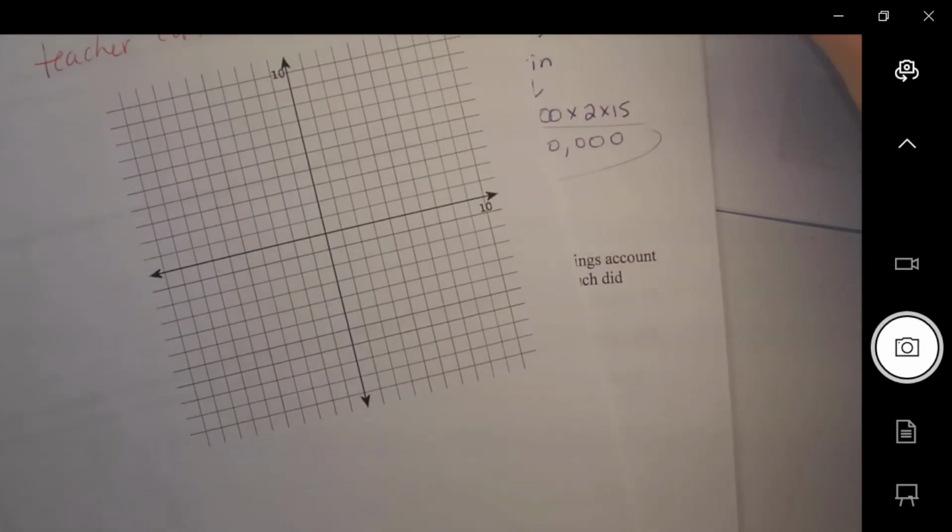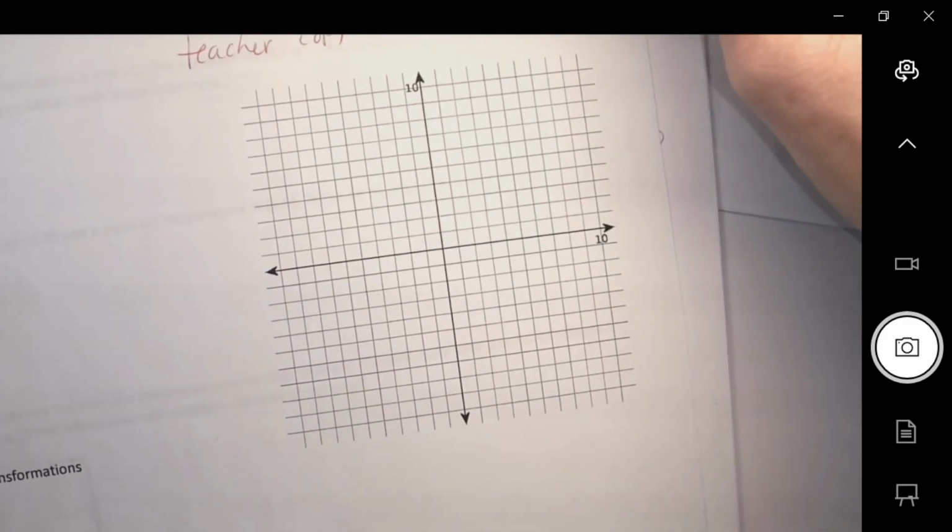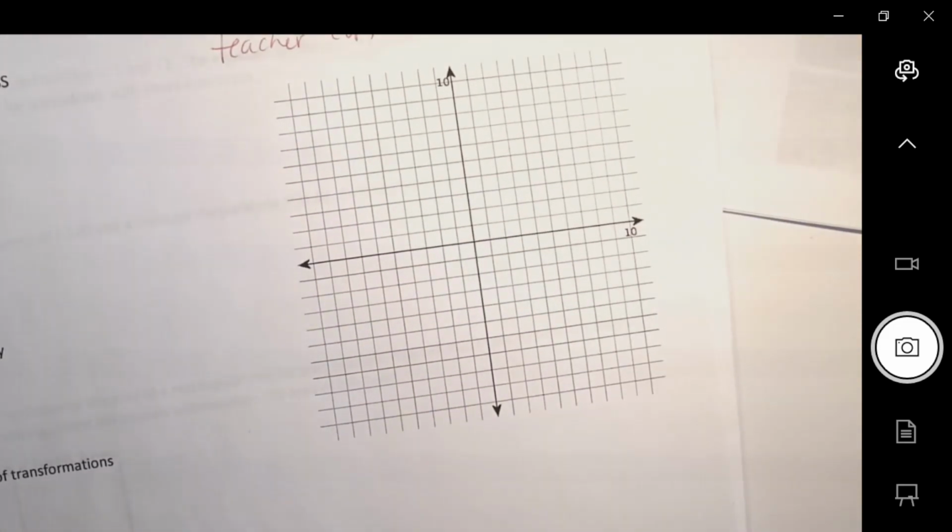Okay, so we're going to start today with the quadratics, reviewing all that stuff. On your exam, you will get the formula sheet that I gave you on the very first day of school. I have one, so if you'd like to have that handy, that would be good.